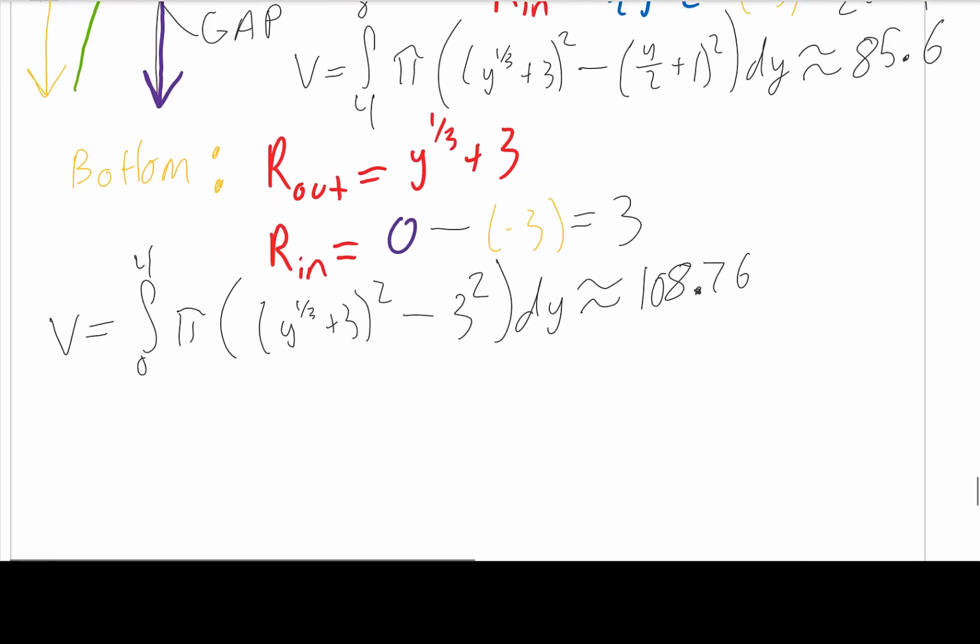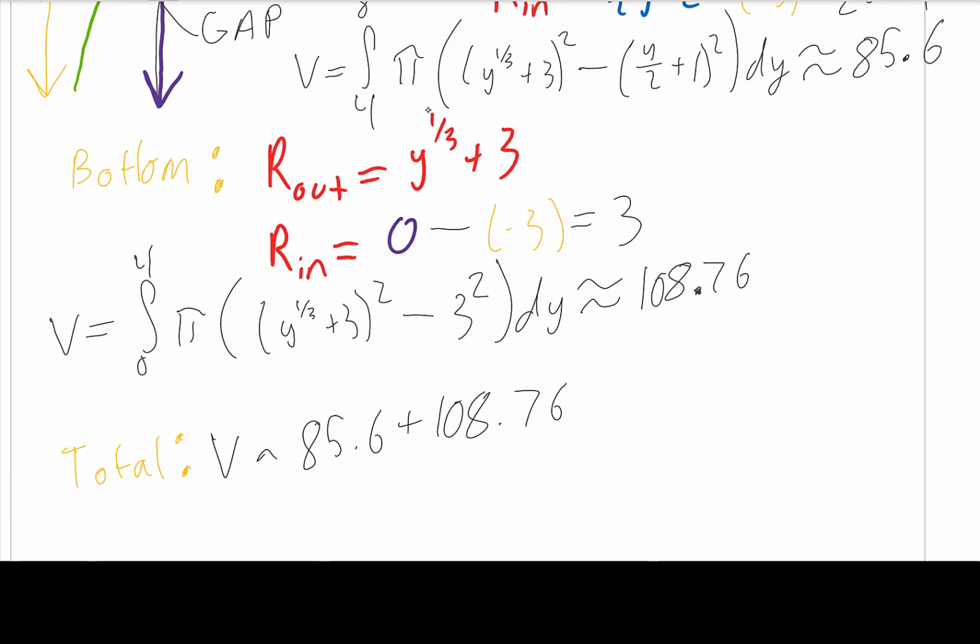And so then our total volume is going to be 85.6 plus 108.76. Is approximately.